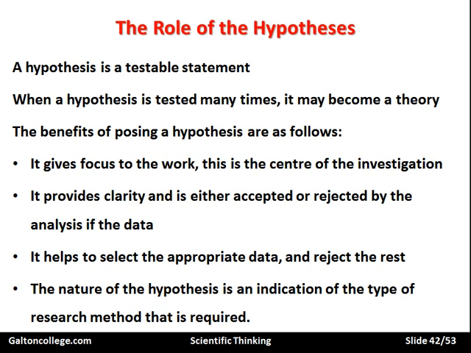Perhaps it's a linear relationship, so it might be regression, or at least a correlation coefficient to show what sort of association there is between the data. So the hypothesis may suggest particular research approaches that could be adopted.